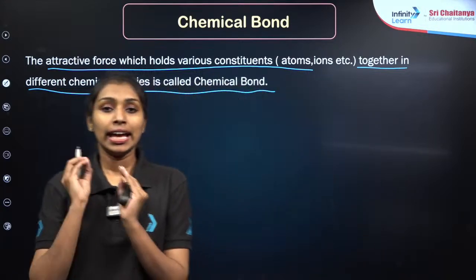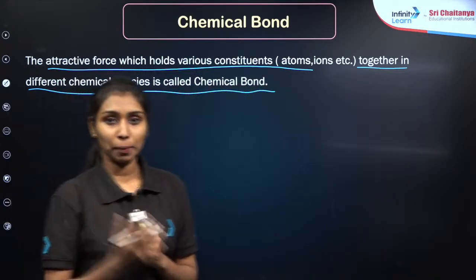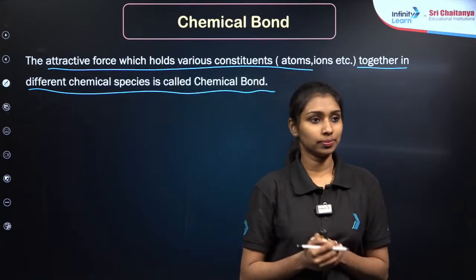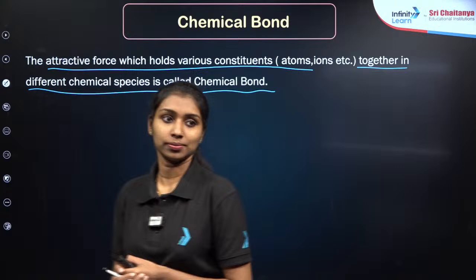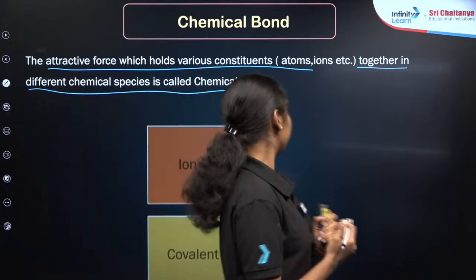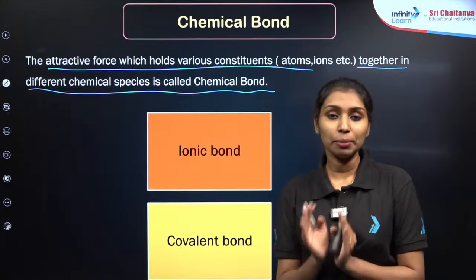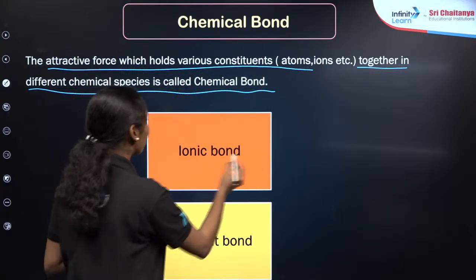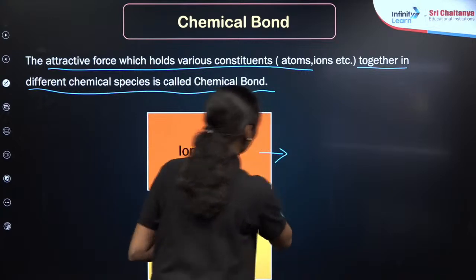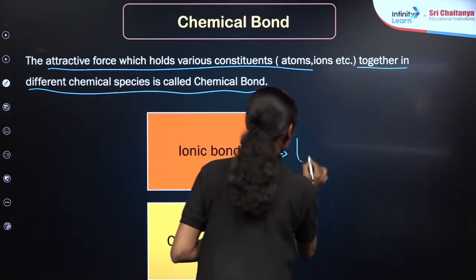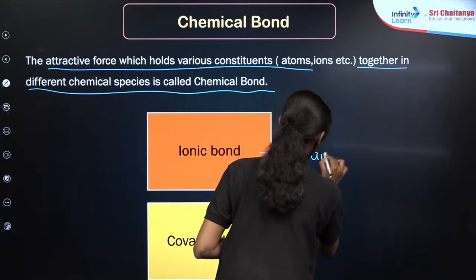As you are already aware of the types of chemical bonds, what are the different types? Yes, ionic bond and covalent bond are the two types. The ionic bond is the chemical bond formed between atoms or ions by the transfer of electrons.